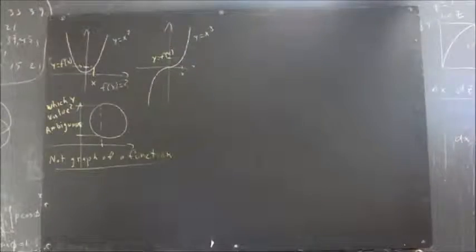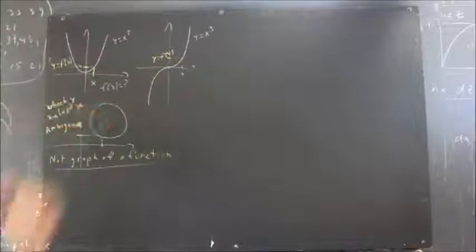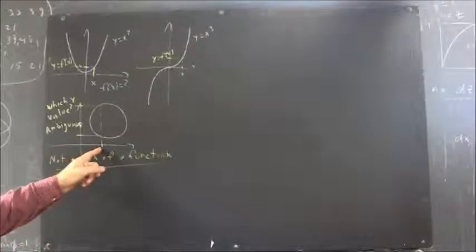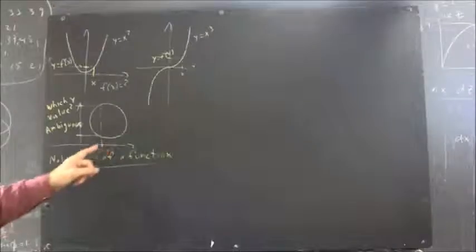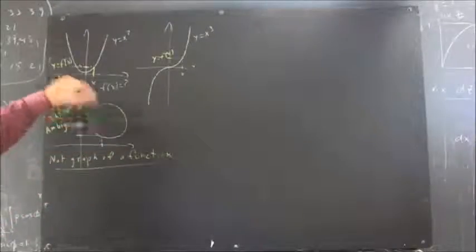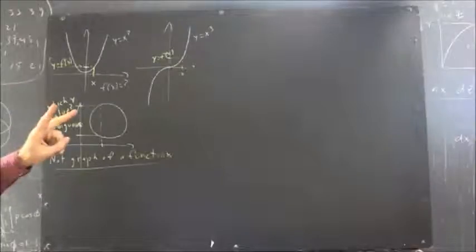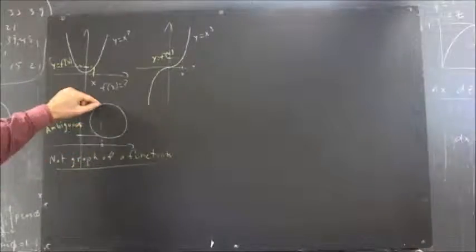By contrast, there's an equation that's clearly the graph of a circle. And any circle has the property that if you choose an x value in the domain of that function, that is an x value that gives you something for y, then except in two special cases, you're going to get two things for y.